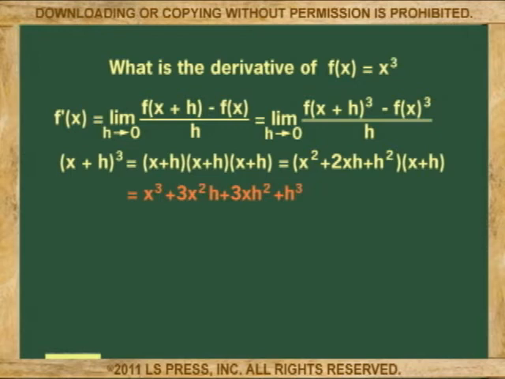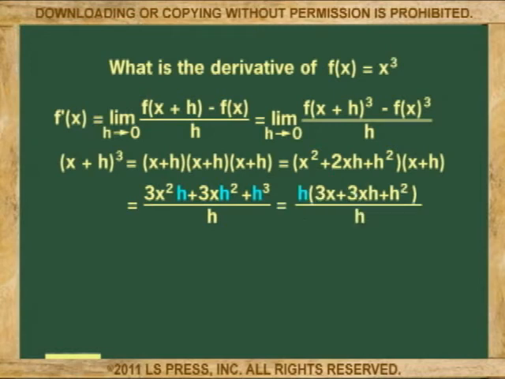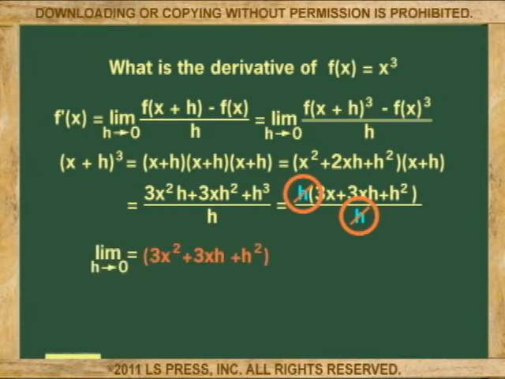We continue by subtracting x cubed, divided, of course, by h. Both x cubed cancel, and the h in the trinomial gets factored out. The factor h cancels with the h in the denominator. We are left with 3x squared plus 3xh plus h squared.